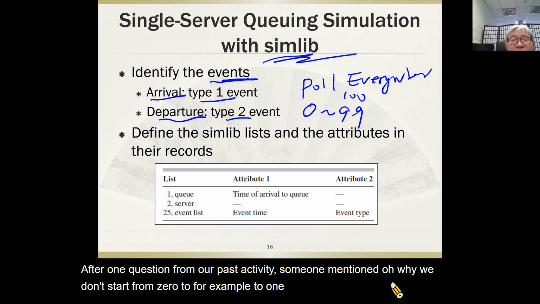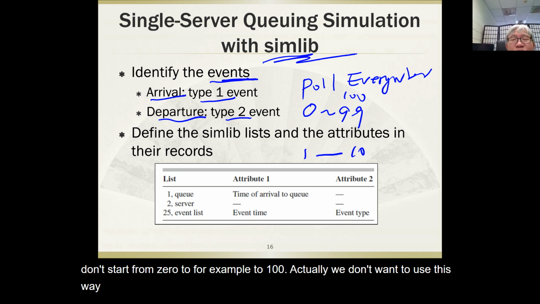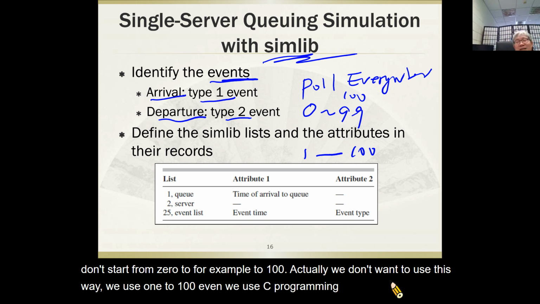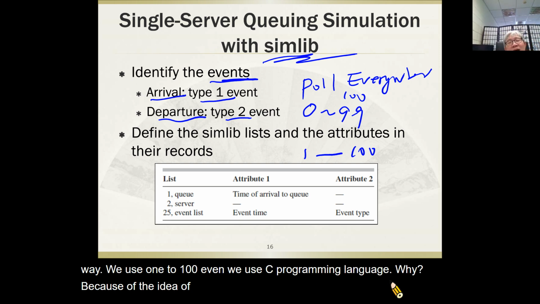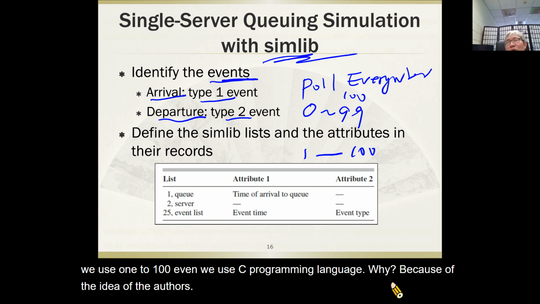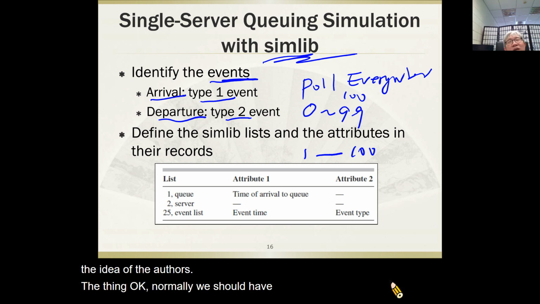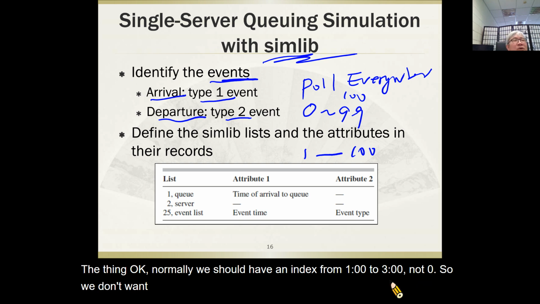We don't want to use this way; we use 1 to 100, even though we use the C programming language. Why? Because of the idea of the authors. Normally we should have an index from 1, 2, 3, not 0. So we don't want to start from 0; 0 is just for spare.